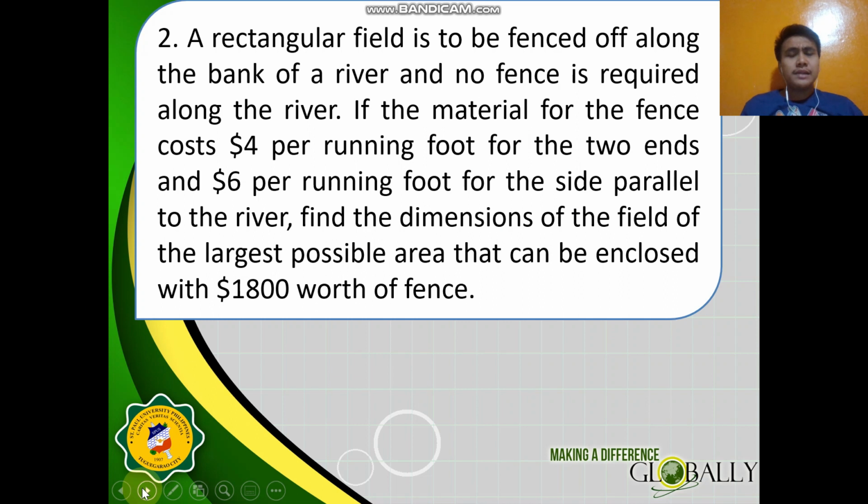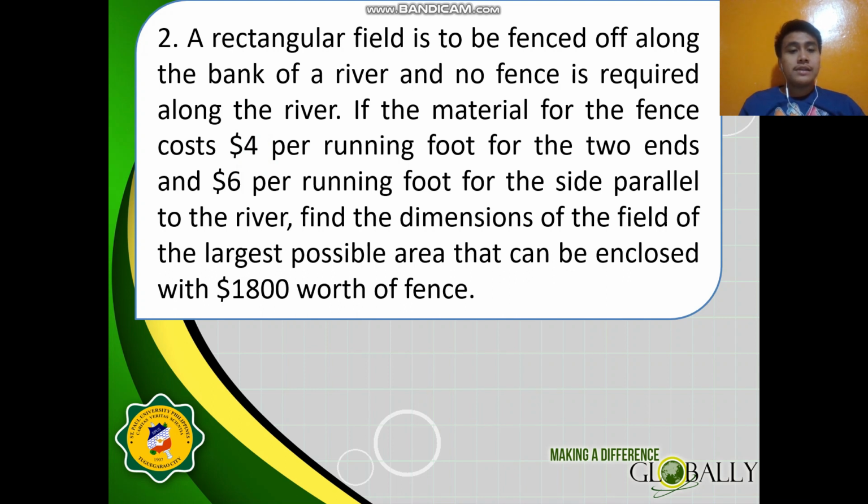So going back to the problem, the cost of the materials for each end is $4 per running foot, and the length of an end is x feet.